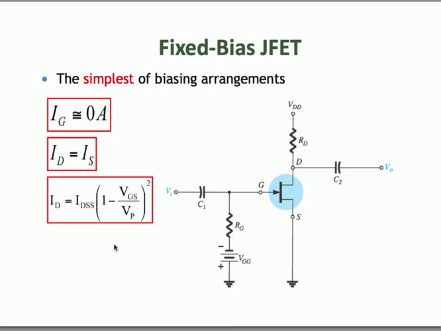Let's first have a look at the JFET biasing circuits. The simplest biasing arrangement for the JFET is the fixed bias circuit. It is called fixed bias because the bias applied at the gate terminal of the JFET is fixed by the DC voltage connected to the gate, which is this VGG DC voltage source.